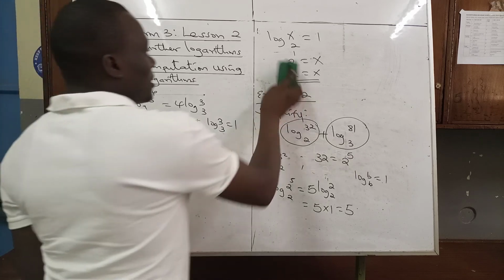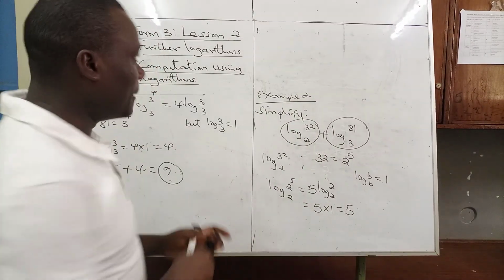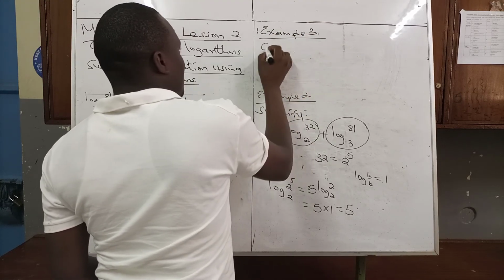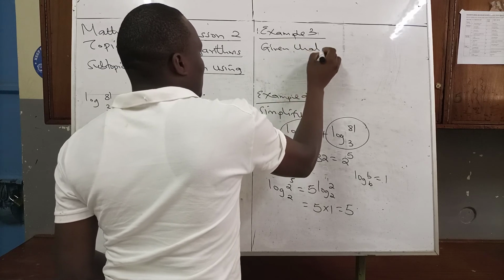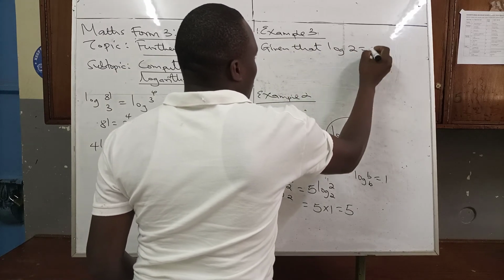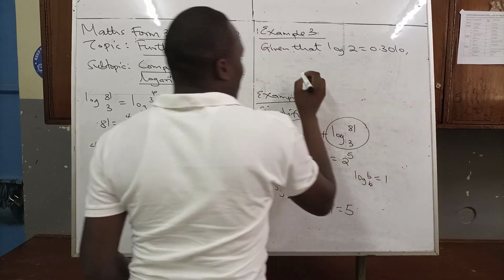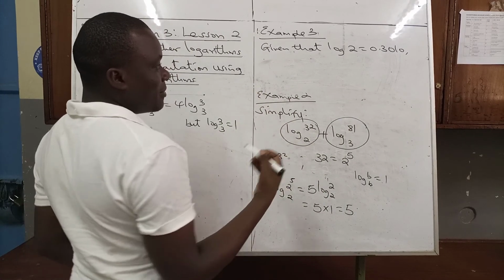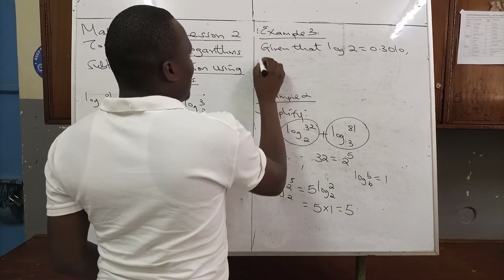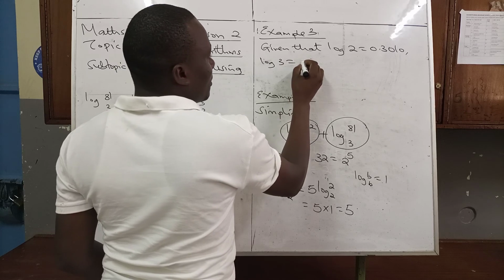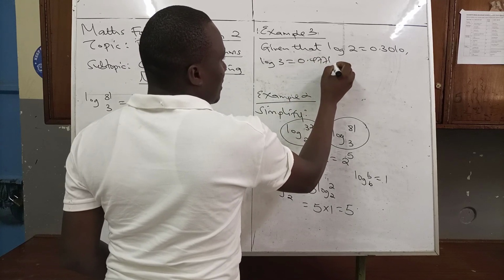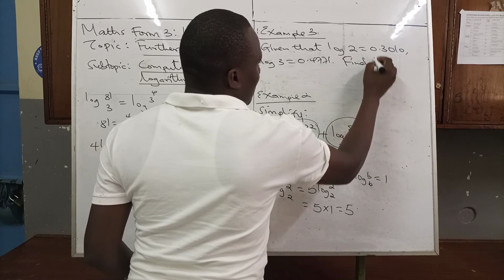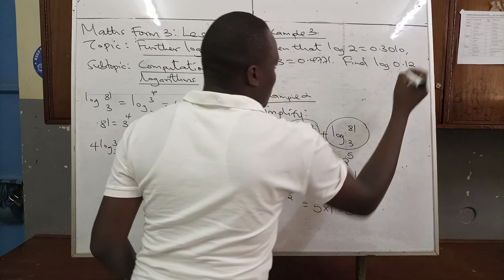My last example for today under further logarithms will be example 3, which says: given that log 2 is equal to 0.3010, and log 3 is equal to 0.4771, find log 0.12.